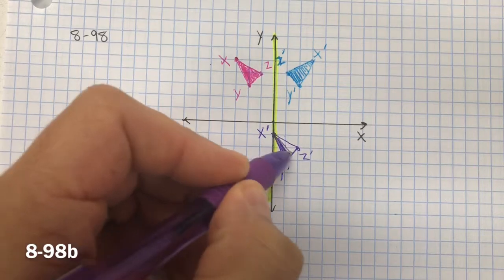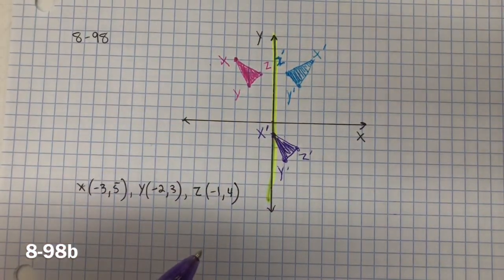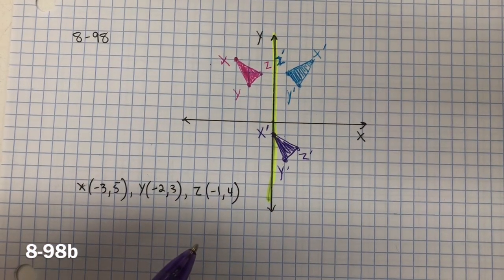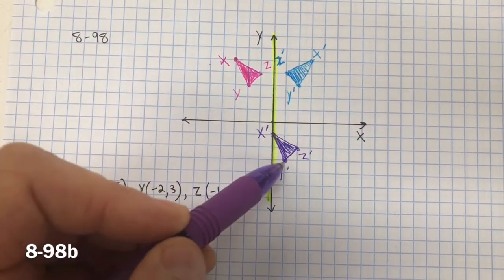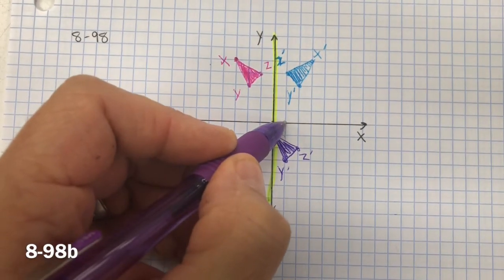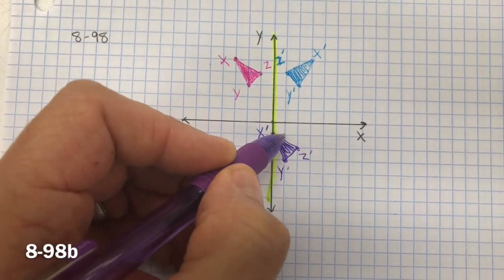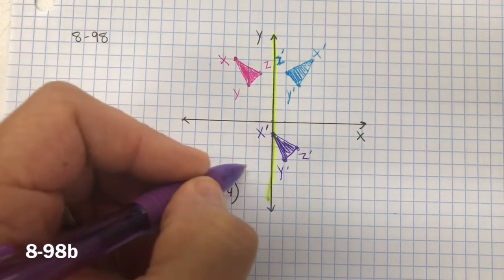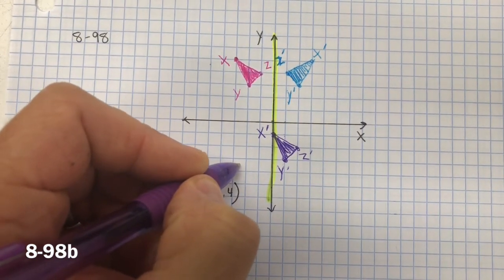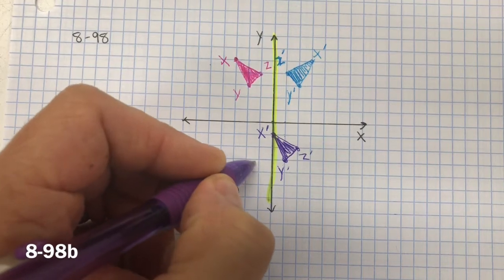And the question is asking, what is the new coordinate of Y? So here's Y, and my new coordinate is 1, 1, 2, 3. So my Y is going to be (1, -3).